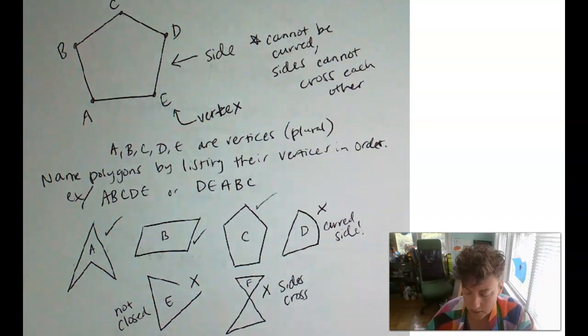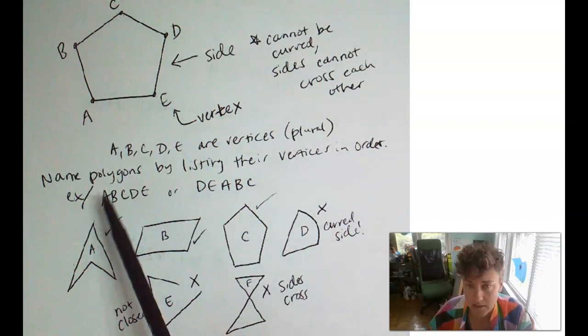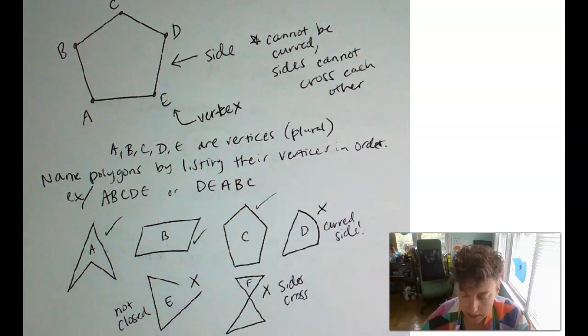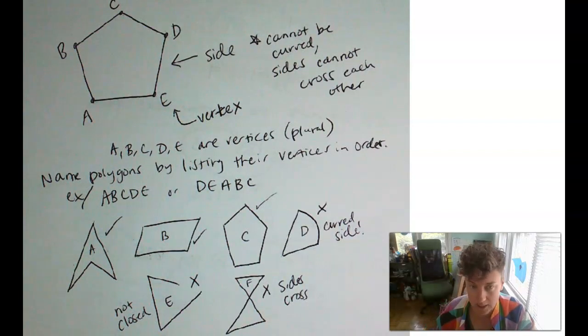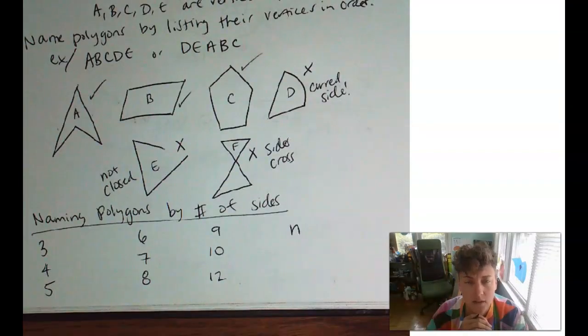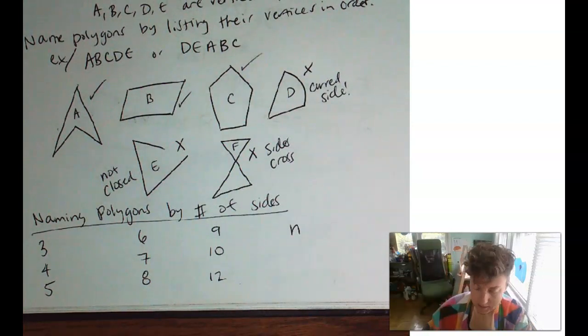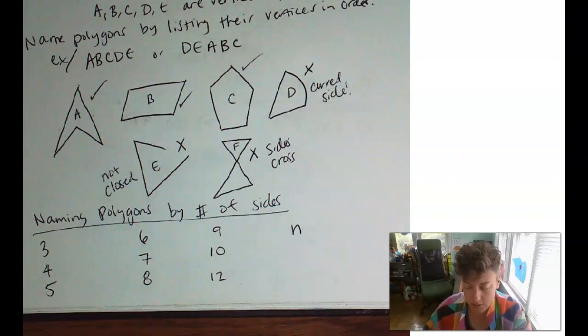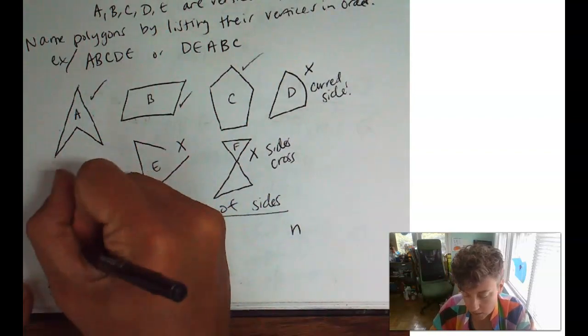All right, cool. Now above we said we name polygons by listing their vertices in order, and polygons with different numbers of sides have special names. So let's talk about all the special names for polygons based on their numbers of sides. A lot of these you already know, which is great. A polygon that has 3 sides is called a triangle.